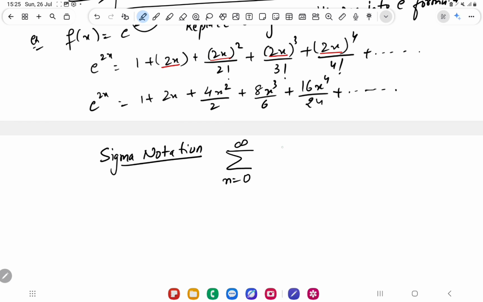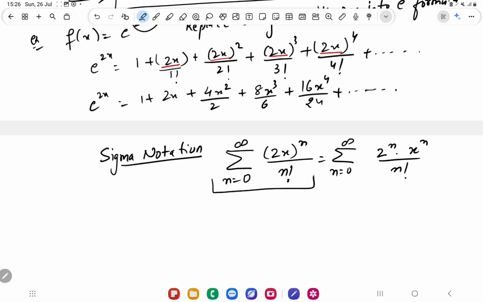So here I can write 2x to the power n, and in the denominator 1 factorial, 2, then 3, so I can write it as n factorial. If I want to further simplify, n will be from 0 to infinity, 2 to the power n multiplied by x to the power n over n factorial. You can leave your answer here also, or you can simplify it further.